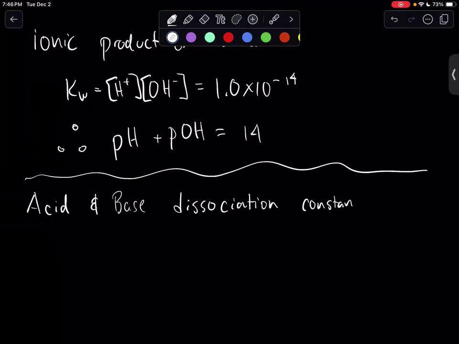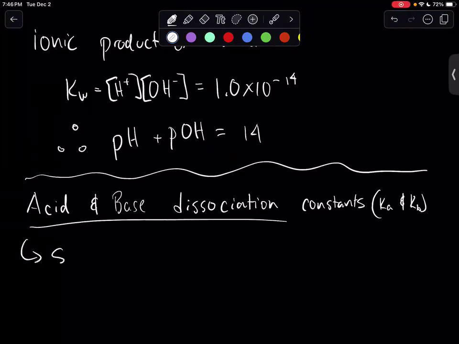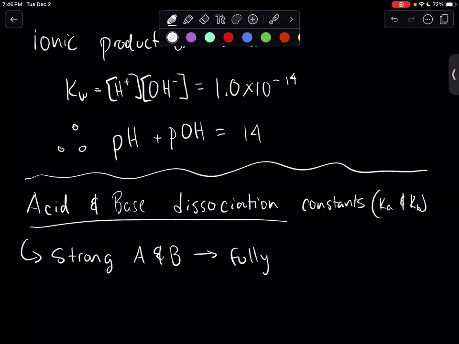Now, those constants are going to be Ka and Kb, Ka for an acid, Kb for a base. Now, what we know about the dissociation of strong acids and bases is they fully dissociate.